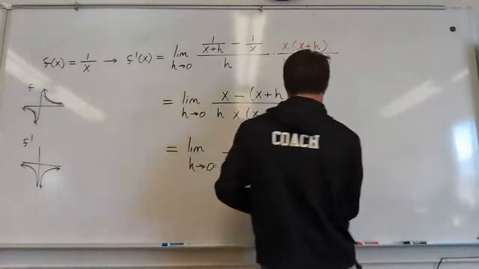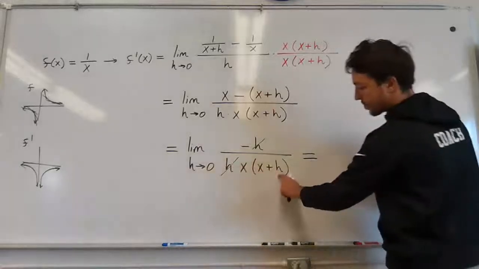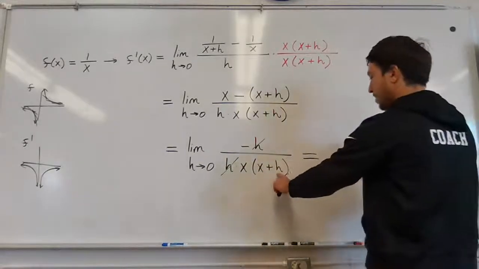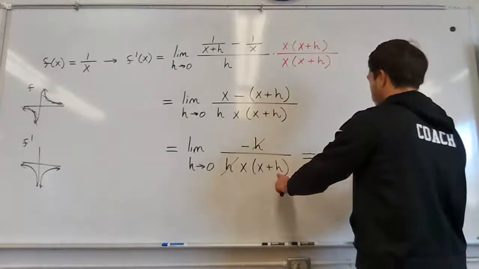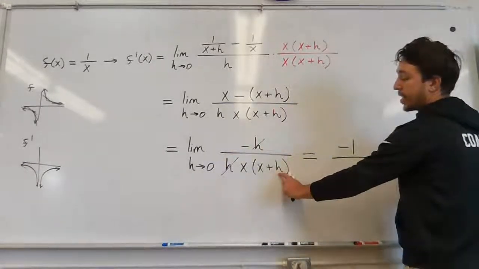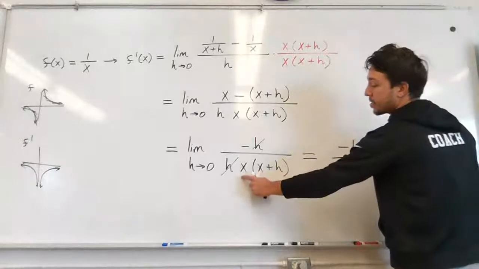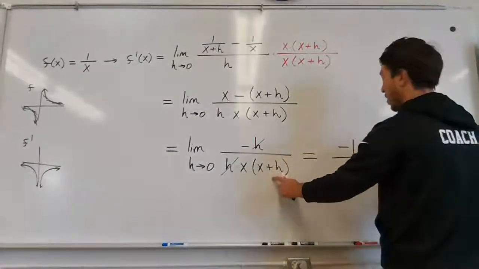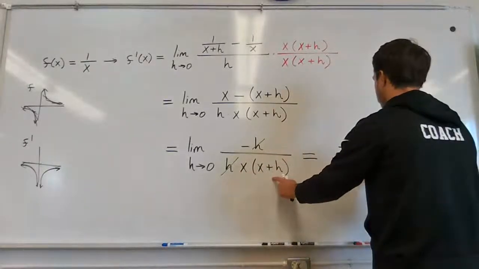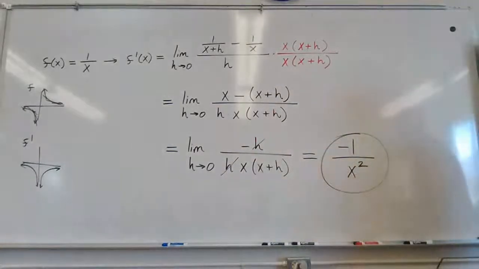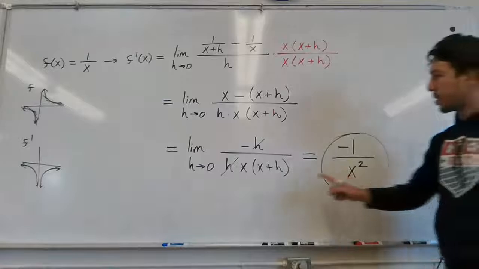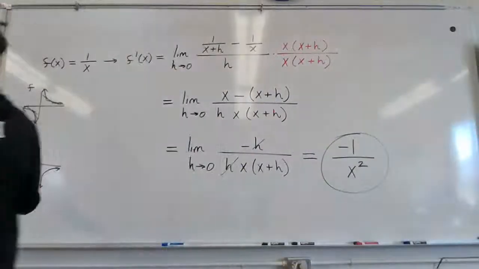And we get, now we can plug in 0, right? When I plug in a 0, well, the top's going to be -1. Hope that's fairly clear. If I replace the h with a 0 now, I have x times x. So negative 1 over x squared. Then we ask, does that agree with our intuition?